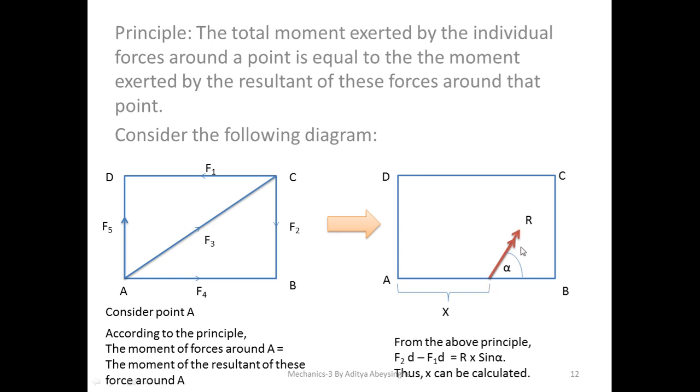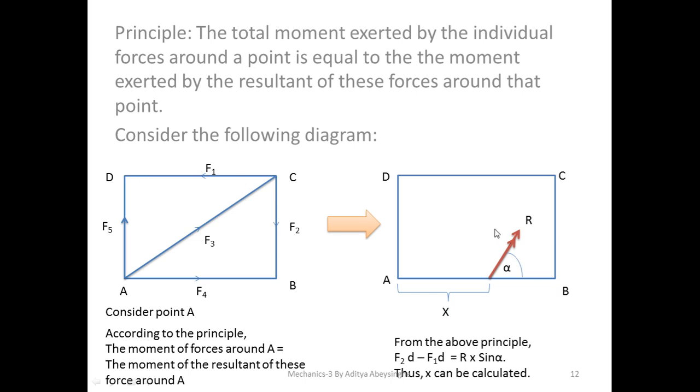One of the occasions where we can merge these two principles is when we can produce the same effect of rotating or translating as produced by the whole system. So this system can be reduced to a system like this. The total effect of this system can be reduced to the effect of the resultant force of this system.